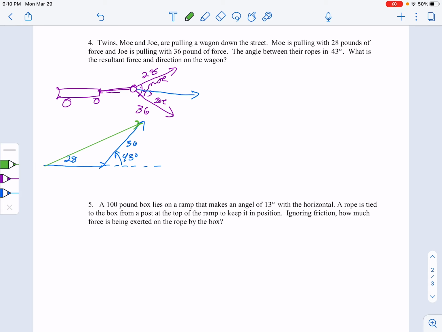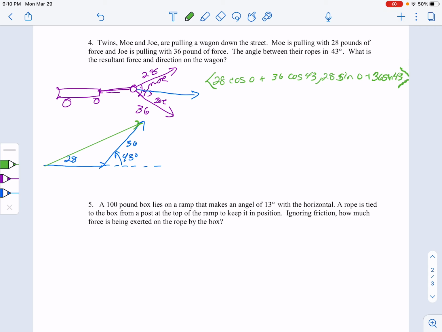So the angle for the 28 is 0. You end up with 28 times the cosine of 0 plus 36 times the cosine of 43, and 28 sine of 0 plus 36 sine of 43.